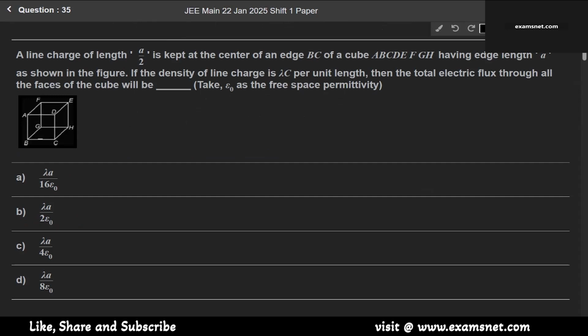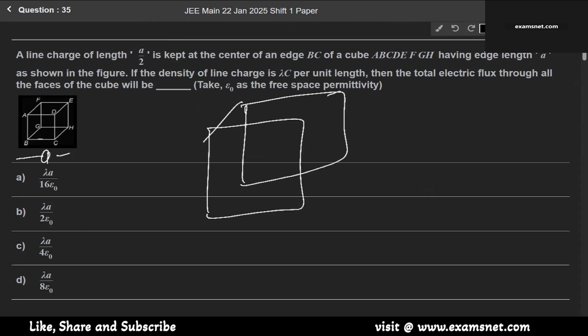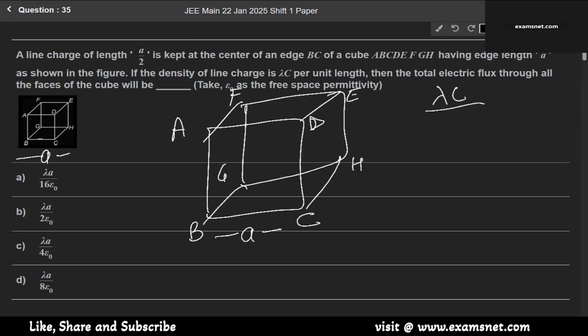This cube is having edge length A. If the density of line charge is lambda c per unit length, then the total electric flux through all the faces of the cube.